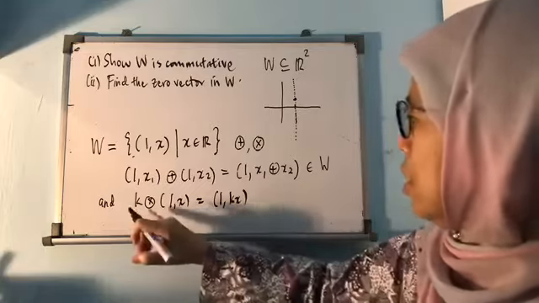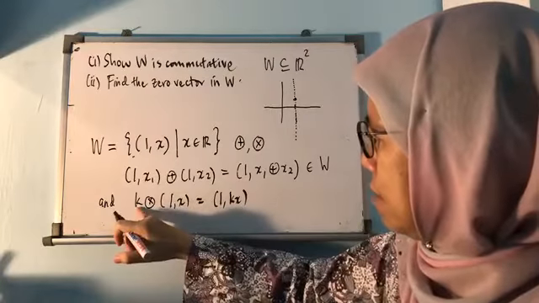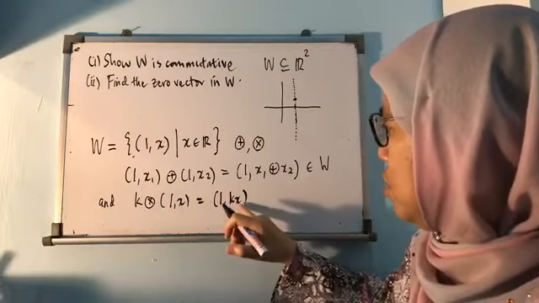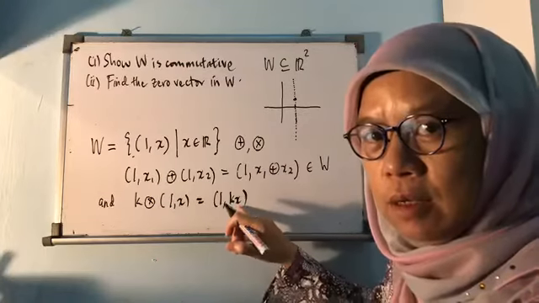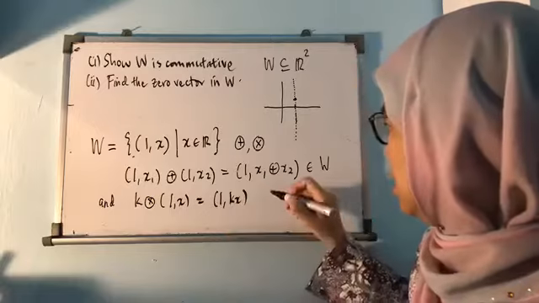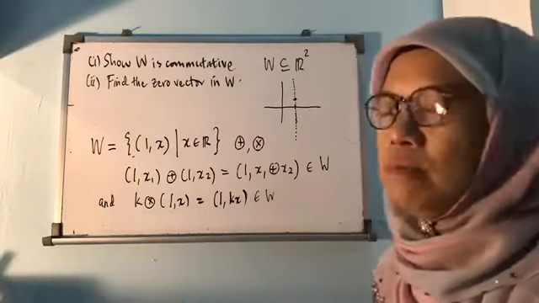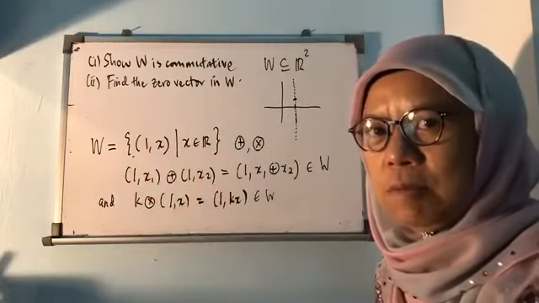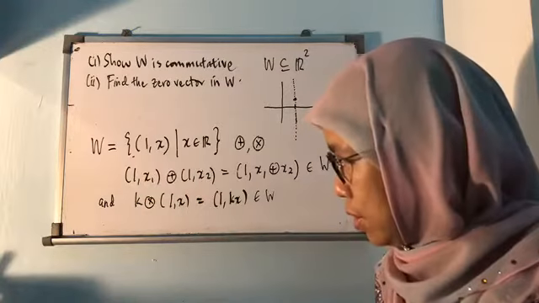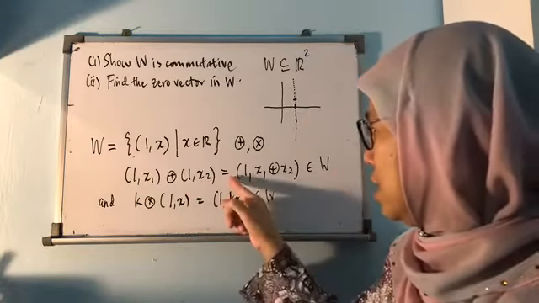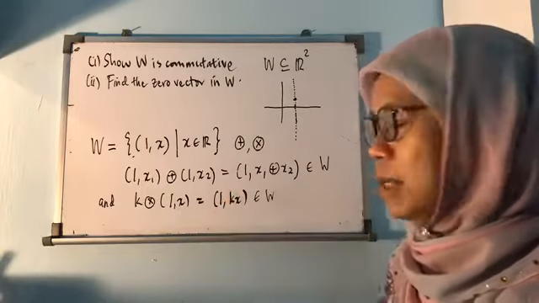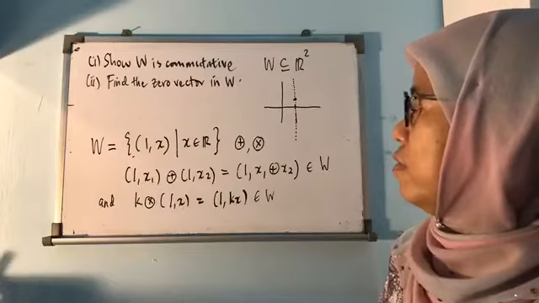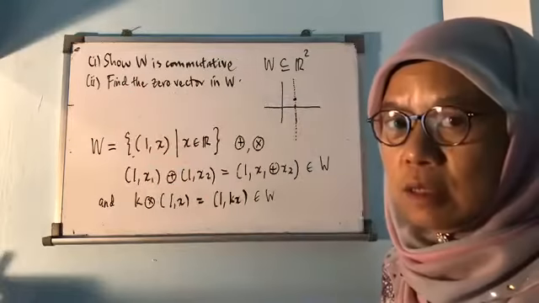When you multiply it by a real number k, this stays at 1, but you just multiply the y component by k. This is still in W. So you see, this is also a vector space. Alright, so it is closed under addition, it is closed under multiplication. The question is whether it is commutative and to find the zero vector.